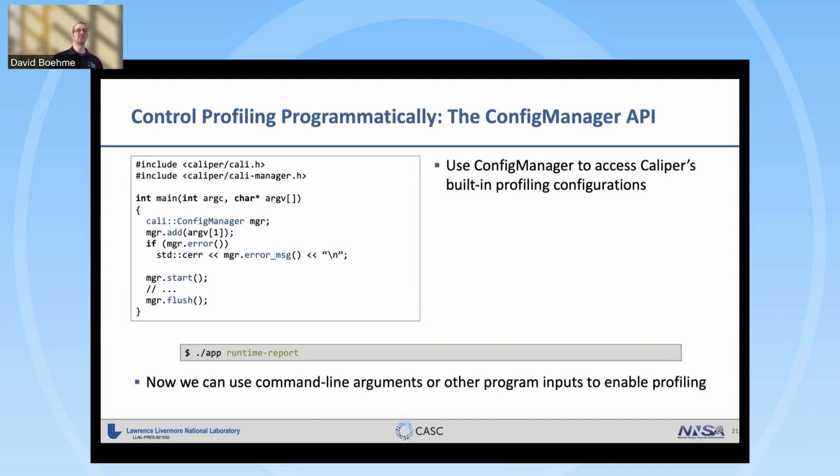So this allows us to control profiling through different means. You have a little bit more control as to where exactly you're doing performance measurements, and you can also use additional program inputs to enable profiling. For example, we often use it to add a command line flag to an application, and we can now use that to pass in this Caliper configuration string and essentially control profiling through native ways for the application.